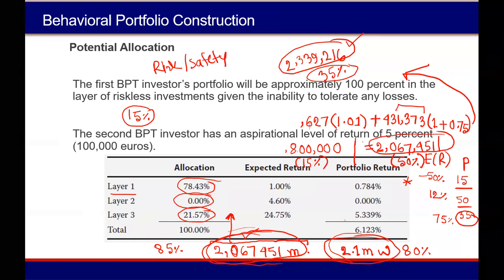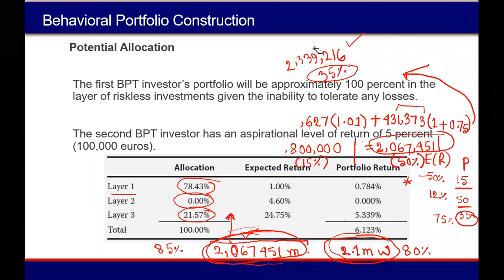So have you noticed that we have not considered any kind of covariance here? We have forgotten about the covariance between layer 1 and layer 2, or layer 2 and layer 3.